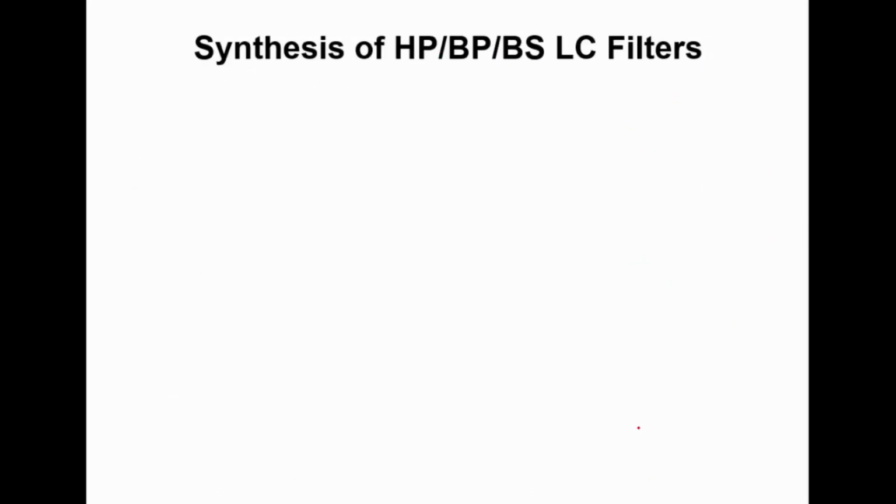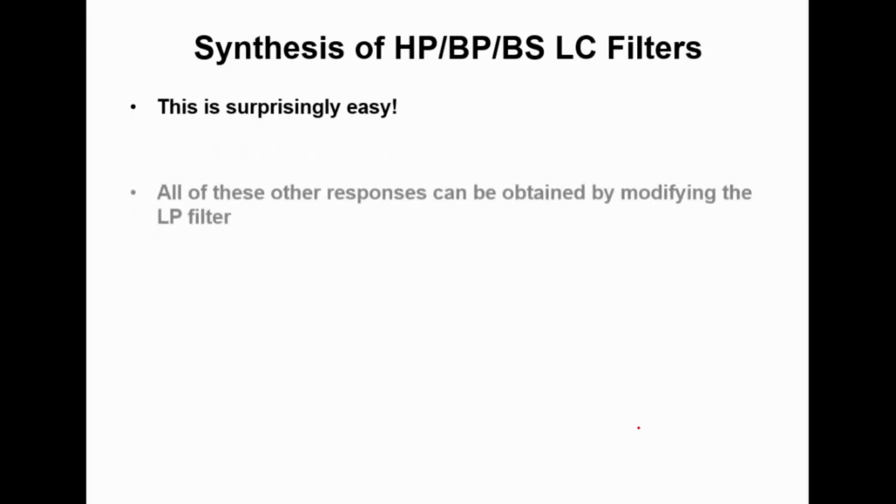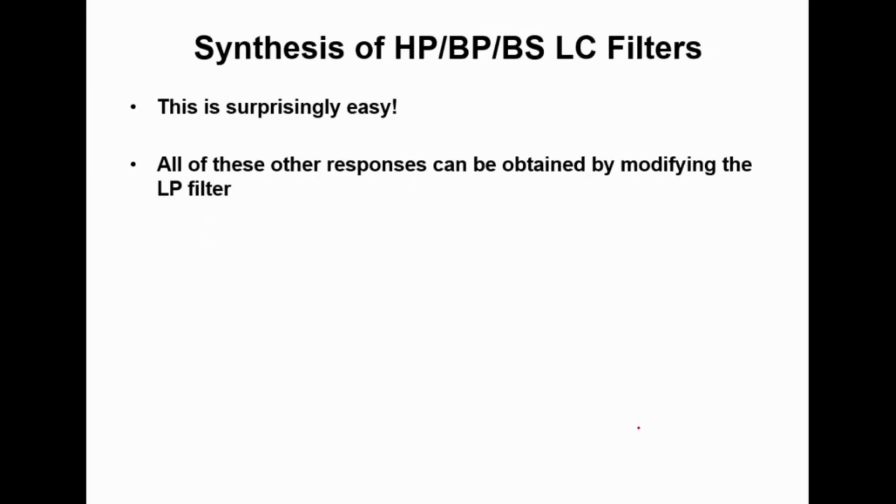Now, to this point, I've talked only about low-pass filters. However, we're of course interested in high pass, band pass and band stop. Getting those kinds of responses is surprisingly easy. All other responses can be obtained by modifying the low-pass filter. So if you know what the low-pass filter looks like, you can transform that very simply into a high-pass filter, a band-pass filter, or a band-stop filter.